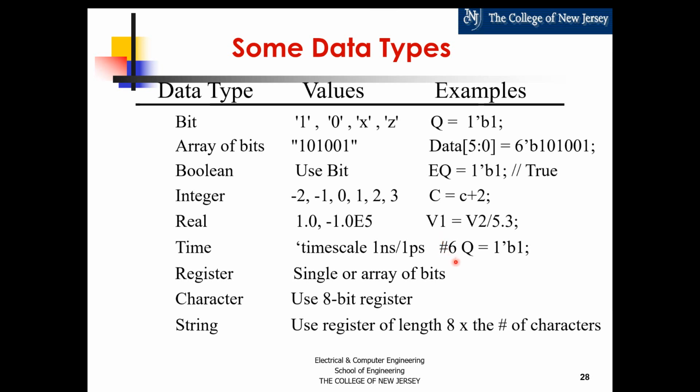So it's not going to execute or assert this at that time. It's going to schedule it for the future. How many time units into the future? 6. What is the time unit? Nanoseconds.